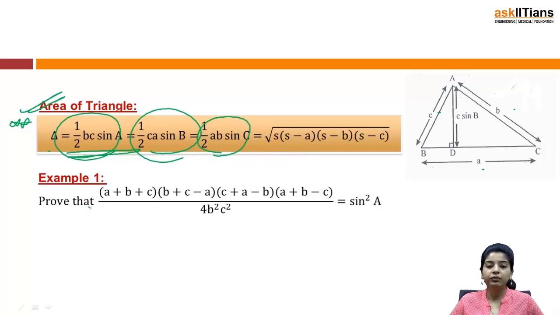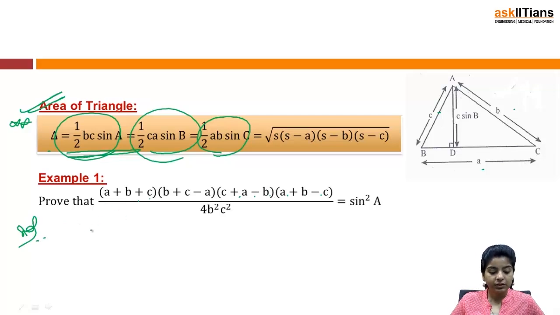We have an example based on this, which says, prove that (a+b+c)(b+c−a)(c+a−b)(a+b−c)/(4b²c²) is sin² A. So how do you prove this question?